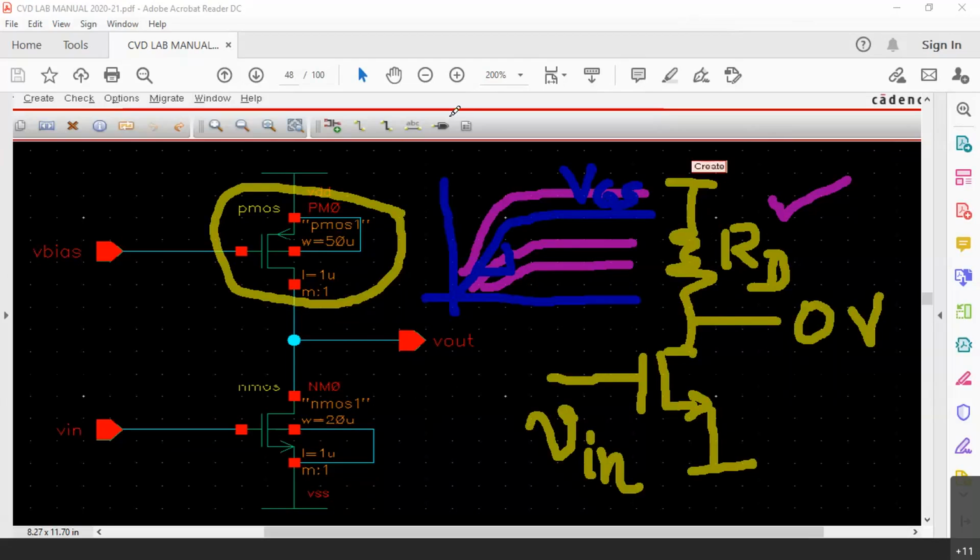Now the second question is, what is the advantage of replacing resistor with PMOS? Can anybody tell me what is the advantage of replacing the resistor with the PMOS? So does it have something to do with pull up, pull down?